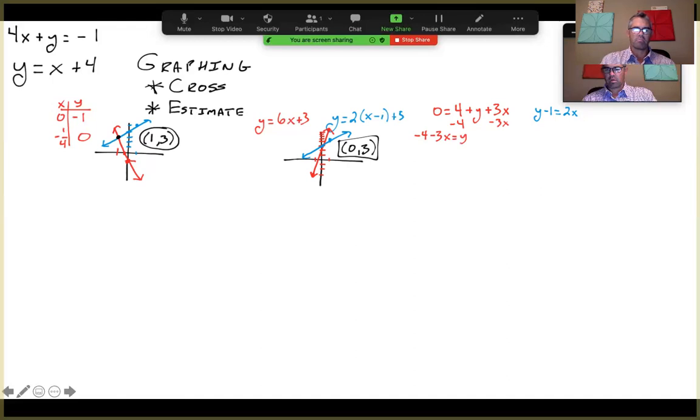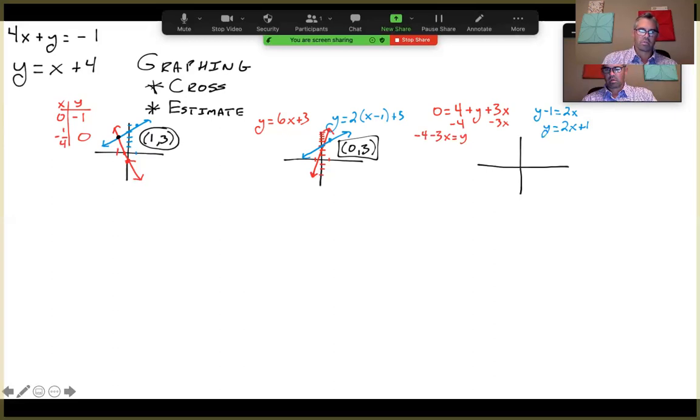My second equation, I'm just going to add 1 to both sides to also put it in slope-intercept form and get y equals 2x plus 1. So I decided to put them both in slope-intercept form. I could have used the intercept method to graph there. Could have put it in standard form and used the intercept method. Process-wise, it's not super important as far as you use a valid process.